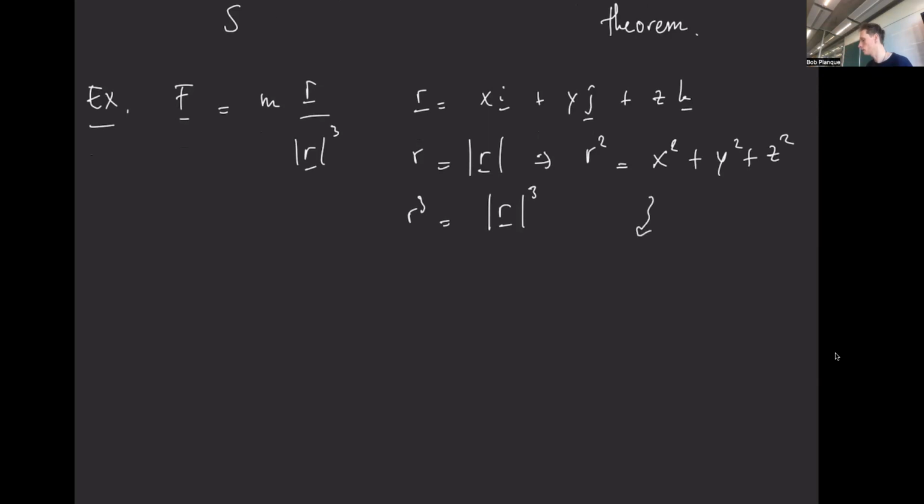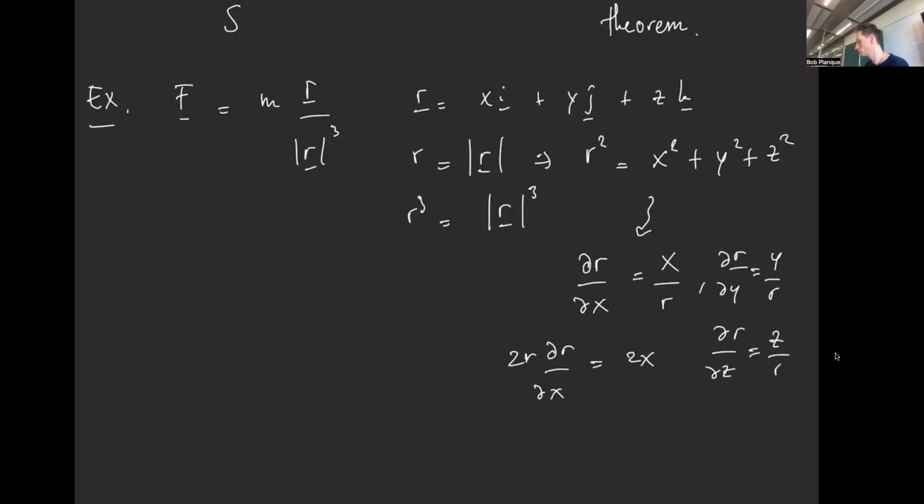And from here, if you take partial derivatives, for instance dr/dx, we saw last time, or the time before, that this was x over r. Because you get 2r dr/dx is 2x, and now you rewrite that. And the same goes for dr/dy is y over r, and dr/dz is z over r.